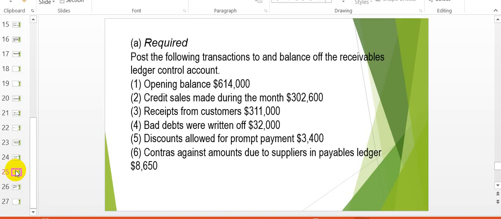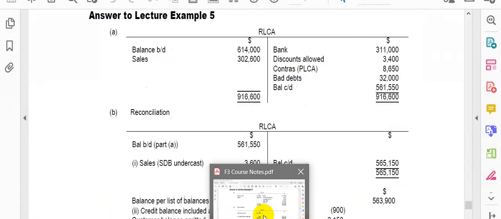So we're going to draw a T account and post these entries to the appropriate sides of the receivable ledger control account. Once we've posted these entries, then we'll balance off the receivable ledger. So our T account will look as follows.